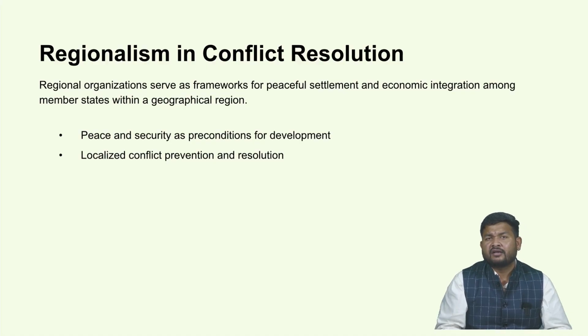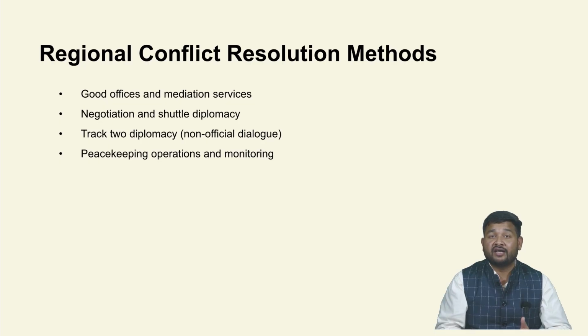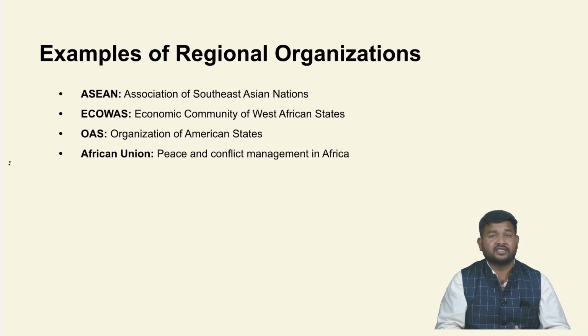So, moving forward, functionalism and regionalism intersect in practice when regional organizations begin with functional cooperation in concrete sectors. This can include regional trade agreements such as free trade areas or customs unions, shared infrastructure projects like energy grids, transport corridors, and communication networks, and common policies on environment, health, migration, or disaster management.